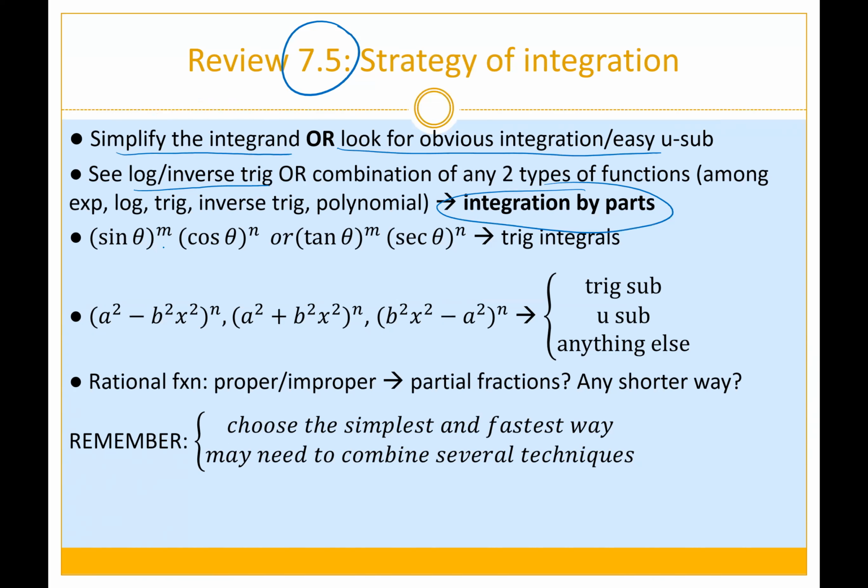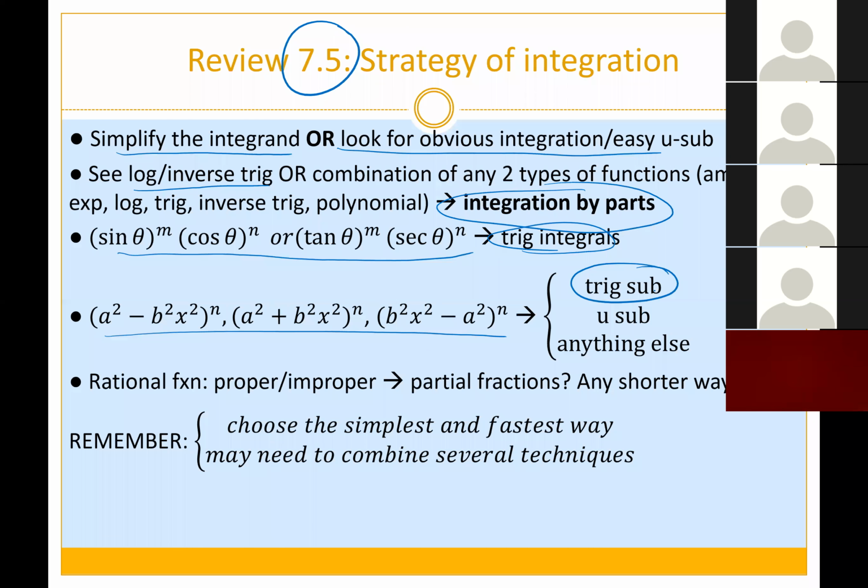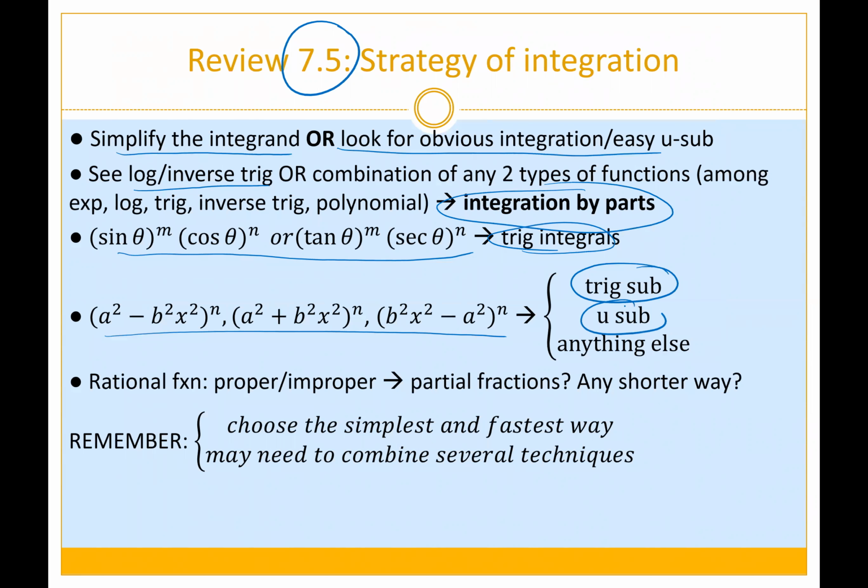Then if not, if you have trig integrals, then use the method that we said last week, whether it's odd power or even power in each of them, and then you try to do some substitution. Or if it's in this form, a squared minus b squared x squared, or something with a square thing, then you use trig sub. Sometimes you might need to use u-sub if it gets complicated, just like our first example.